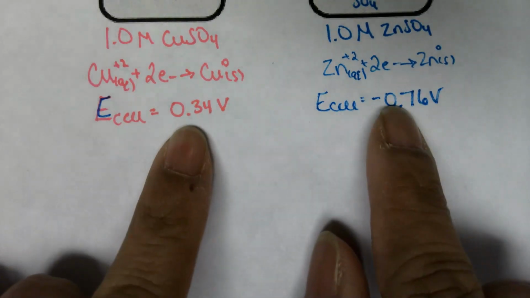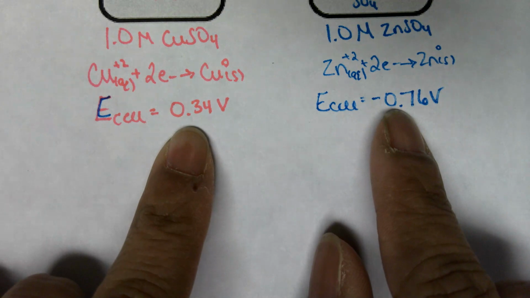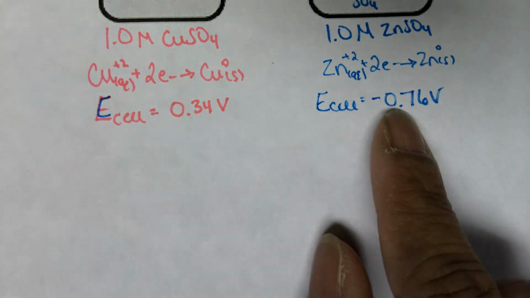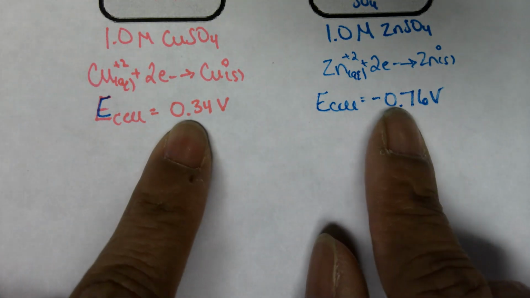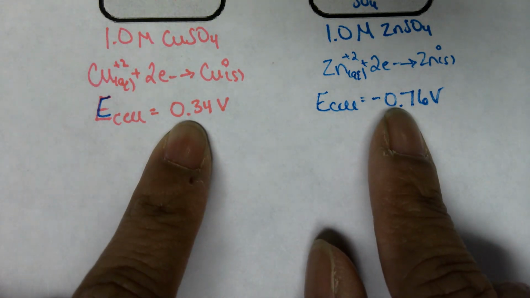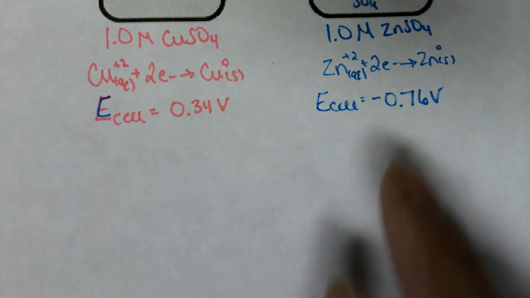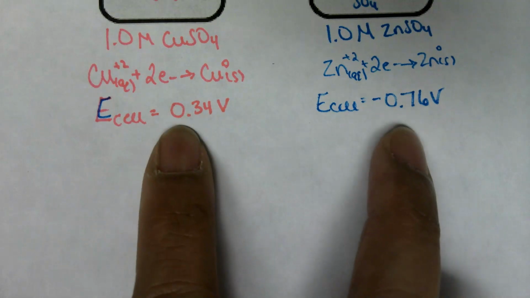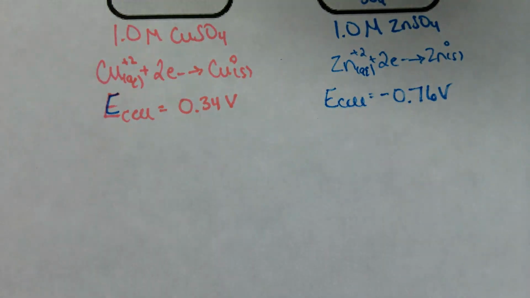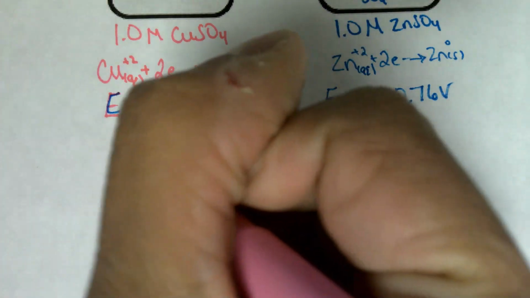For us to figure out which one's going to undergo oxidation and which one's going to undergo reduction, there's two different ways. One is if you have these E cell values, the more positive it is, it's undergoing reduction. Because we've got these two values, this one is more positive, it's undergoing reduction.